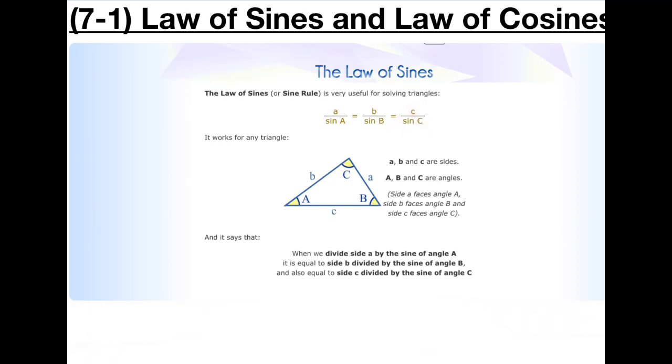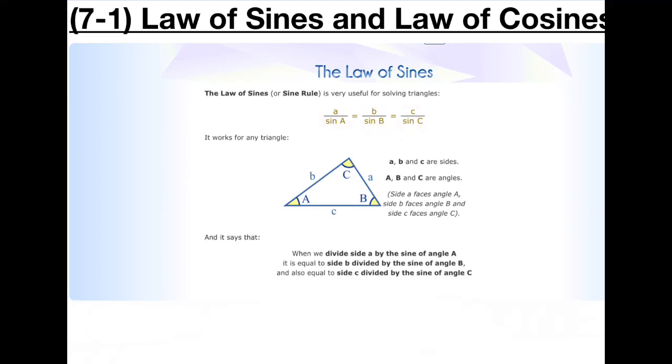So any triangle, whether scalene, isosceles, equilateral, or right triangle, will have this law, which is called law of sines. So choose a side, divide the measure by the sine of its opposite angle. That must be equal to another side divided by sine of the opposite angle, and that is equal to the third side divided by sine of the opposite angle to that one.